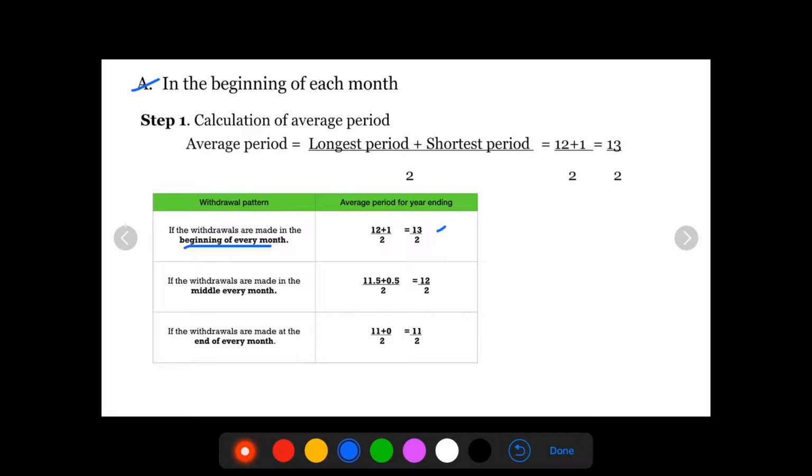So let's write the formula now. Average period is equal to longest period plus shortest period divided by 2, which is equal to 12 plus 1 divided by 2, equal to 13 by 2. We have done this chart, so this chart will be very helpful for you to easily write the calculation of average period.